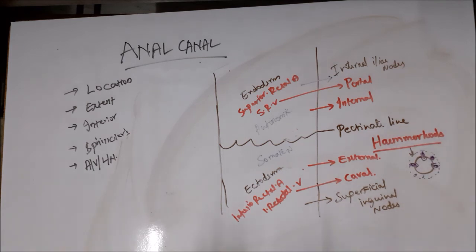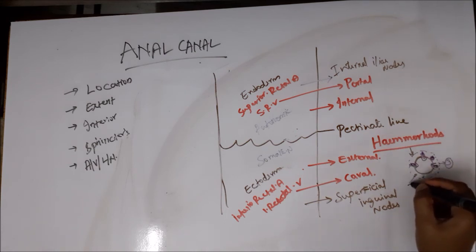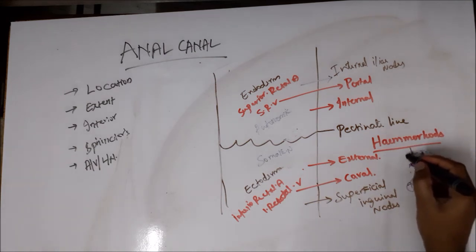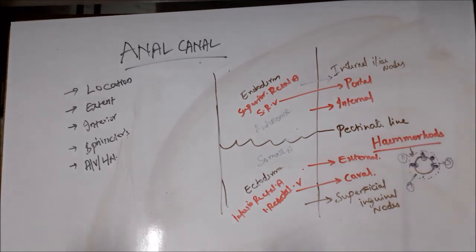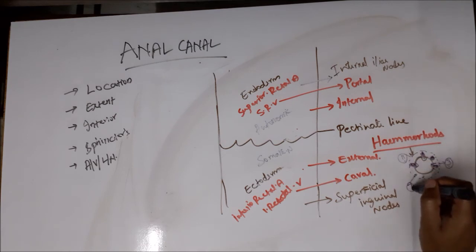These dilatations are most commonly seen in three positions. To describe them, they are correlated with the clock: 3 o'clock position, 7 o'clock position and 11 o'clock position. These are the three common positions where hemorrhoids are seen.